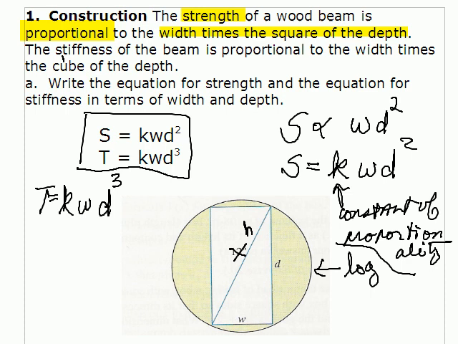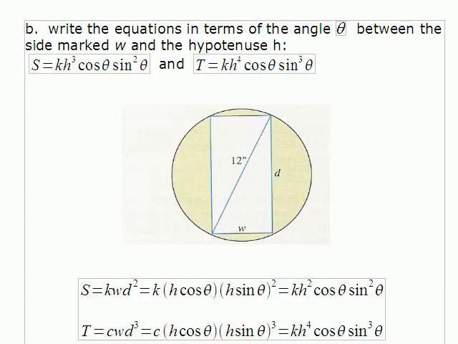These are functions of two variables. They're a function of width and they're a function of depth. Now, following the instructions in the problem, you can turn both of these into functions of a single variable. The single variable that we're going to use is the angle here, called theta.